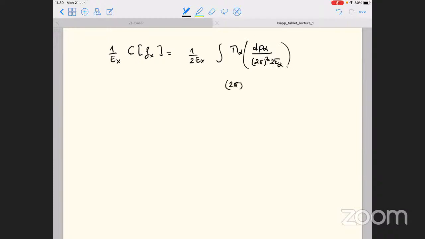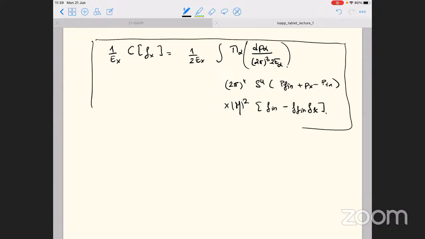Then 2 pi to the 4 times delta 4, which ensures conservation of energy and momentum, times the amplitude squared, times f_in minus f_fin times f_chi. So this is the simplified version of the Boltzmann equation that I'm going to consider for the rest of the lectures this morning and this afternoon.